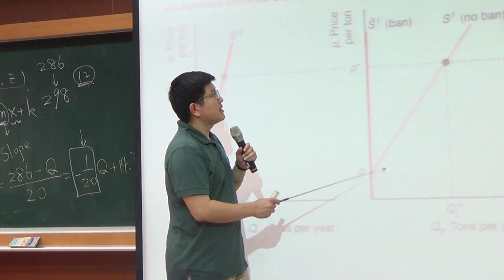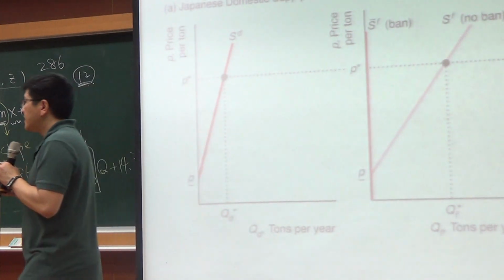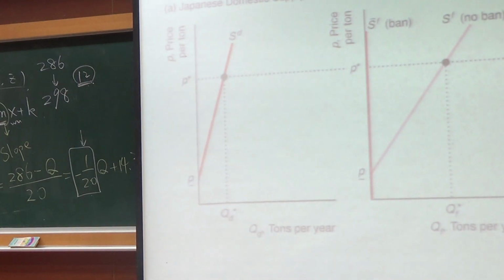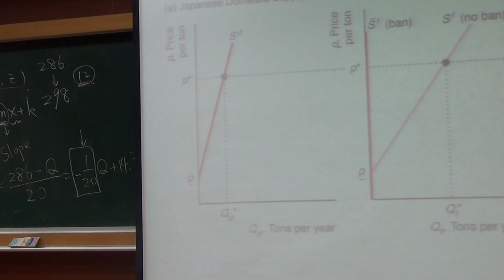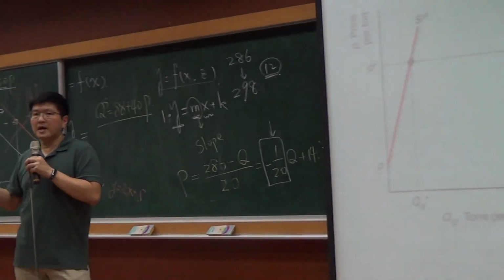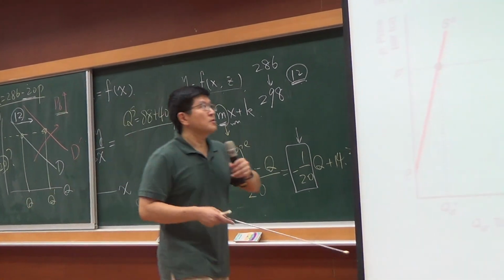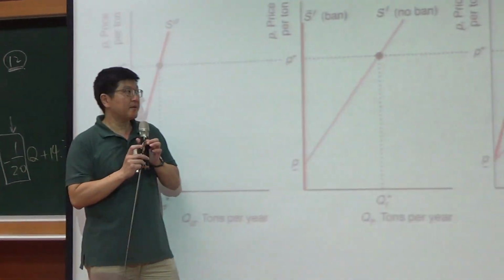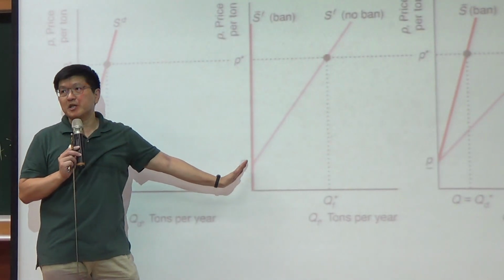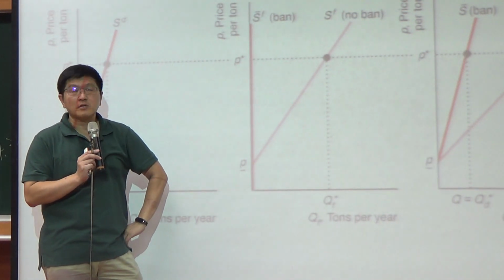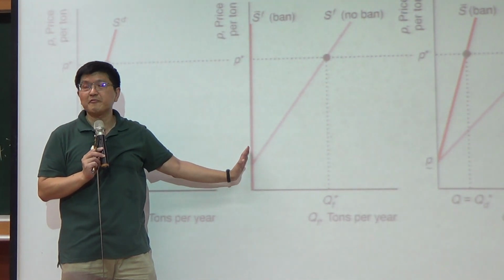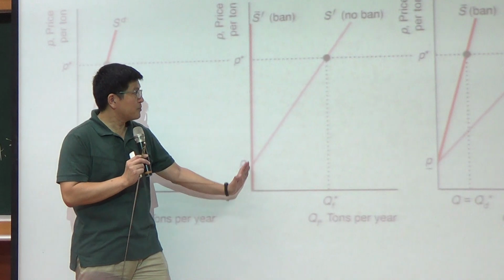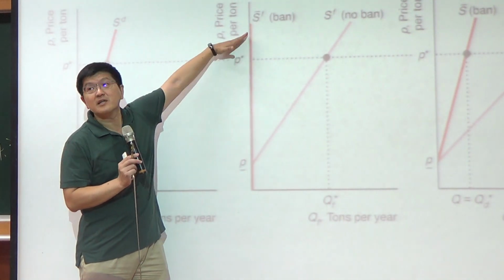If the Japanese government decides to ban international trade of rice, so that rice cannot be imported from other countries, then the supply of foreign rice would be zero at every price.